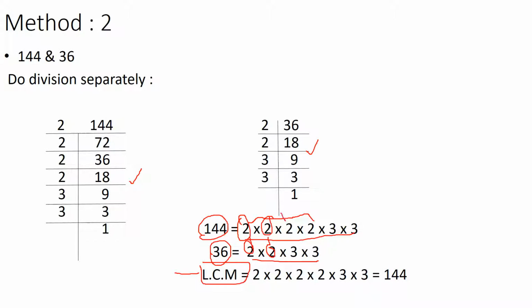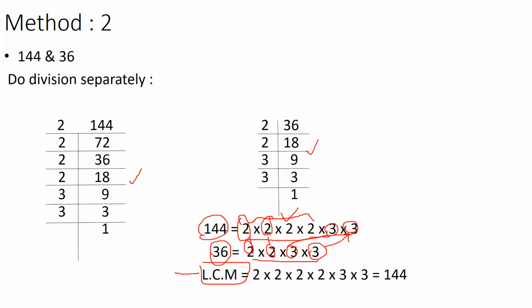We'll choose 144 for the 4 2's, and here we have 1 time 3 in 36, and 1 time 3 in 144. So we have 2 times 3's that is common in 144 and in 36.